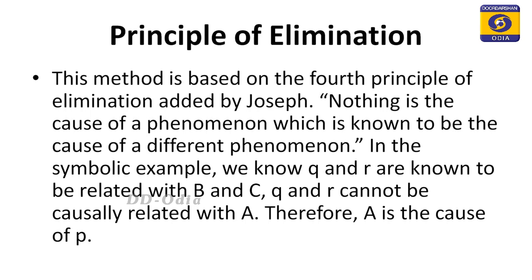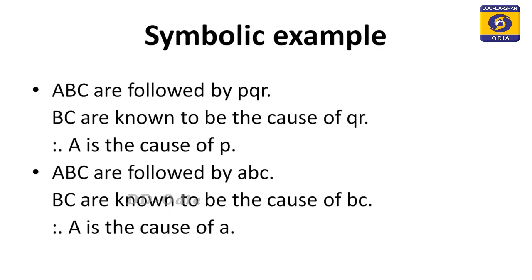We have taken some symbolic examples out of which we can take away the unnecessary factors and relate A with P in the following manner. A, B, C are followed by P, Q, R. B, C are already known to be the cause of Q, R. So, A is the cause of P. Or: A, B, C are followed by a, b, c.